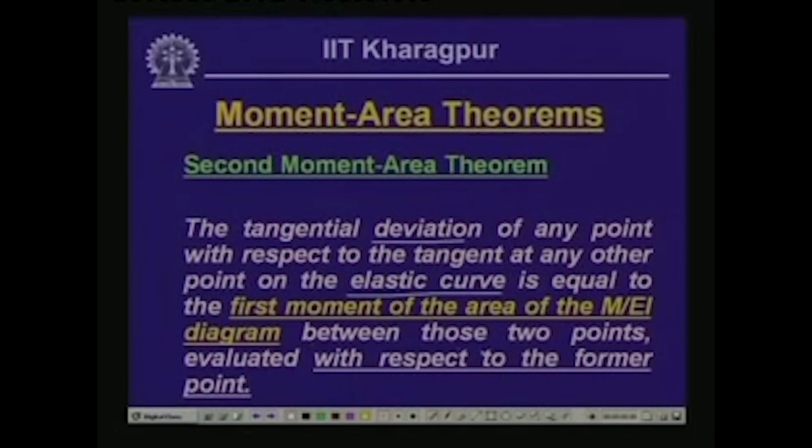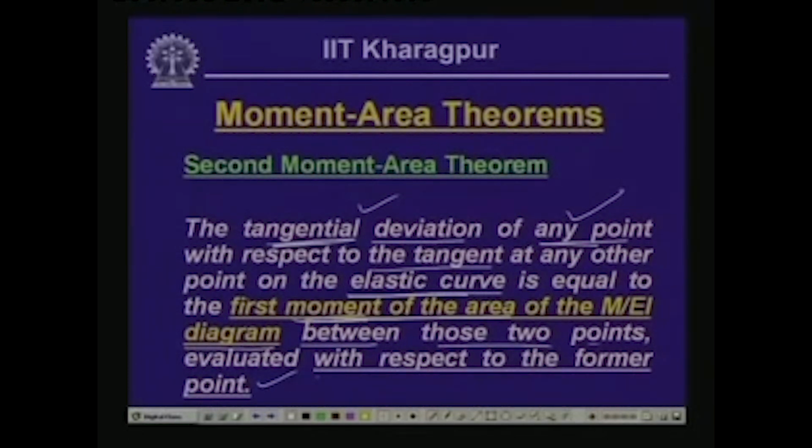So, it is again the tangential deviation of a point with respect to another point on the elastic curve. This is equal to the first moment of the area of the M by EI diagram between the points under consideration, and the moment is to be taken with respect to the first point where we are evaluating the tangential deviation with respect to the other. So, with respect to the former point.